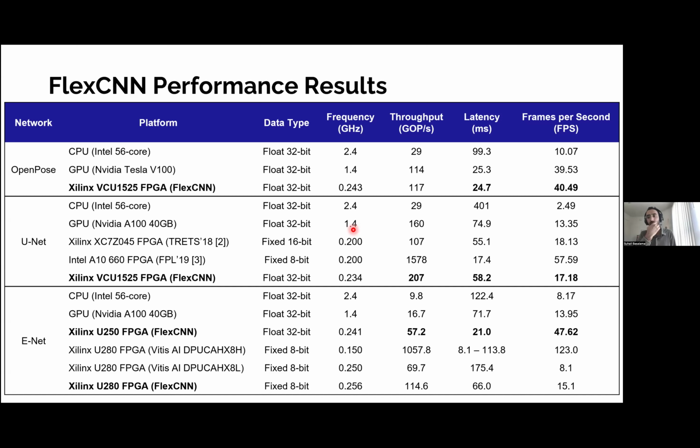So for the comparison, what you need to do is take a model from something like ONNX on the platform, and measure end-to-end performance. We know that GPUs and CPUs can run at much higher frequency, but what we argue for custom and domain-specific computing is when you customize your architecture.